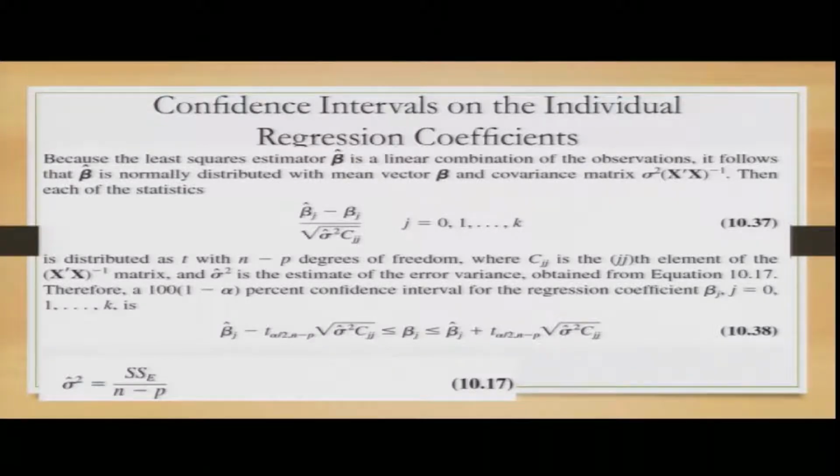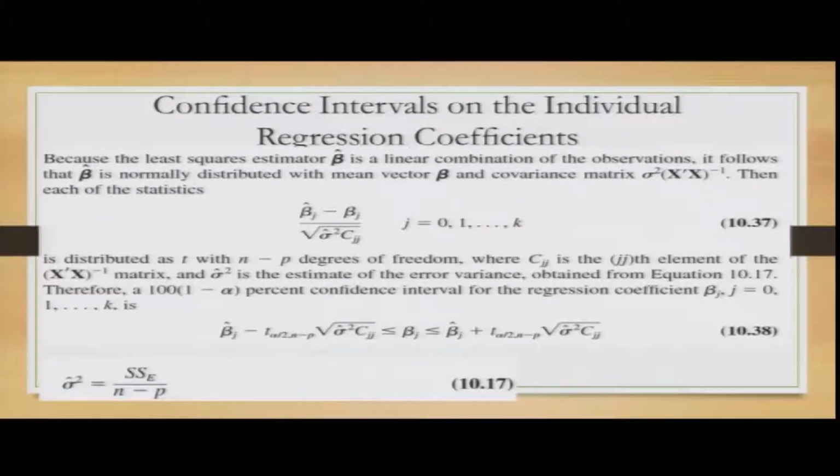And the covariance matrix, if you remember, is a k plus 1 by k plus 1 or k by k matrix, where the principal diagonals are the squares of the standard errors of the betas, and the off-diagonal elements are the covariances between beta i and beta j, where i and j change from 1 to k or 1 to k plus 1, depending on how many variables you have.